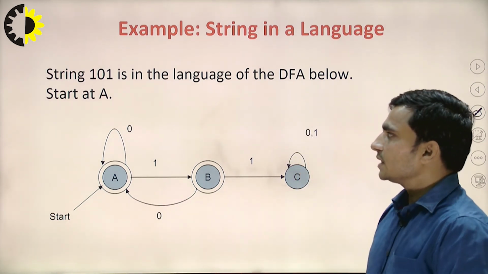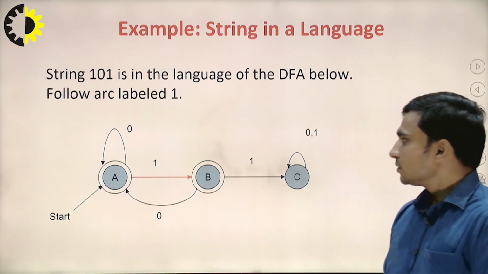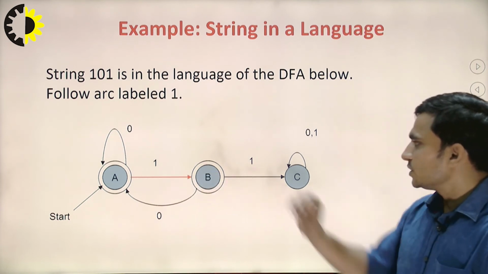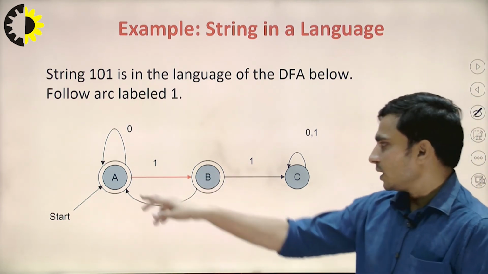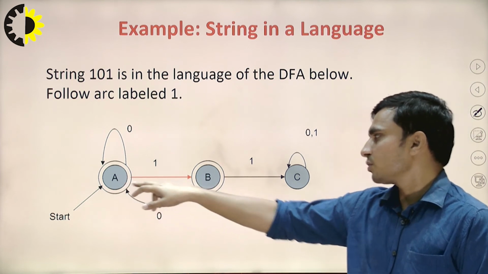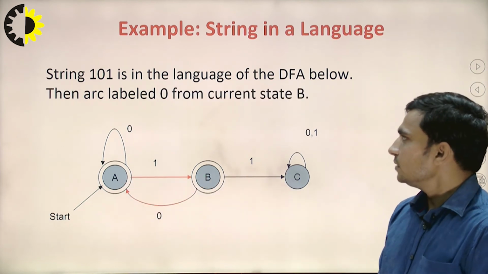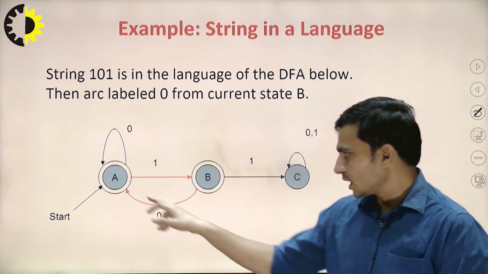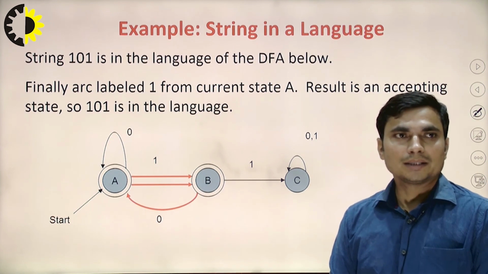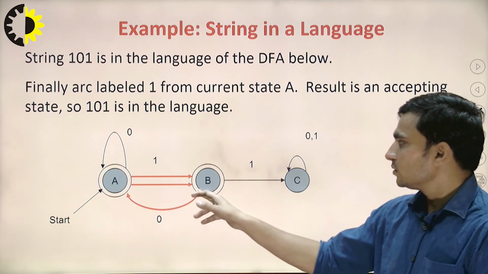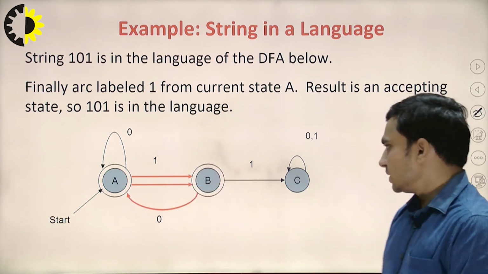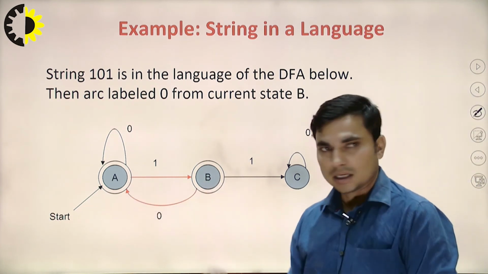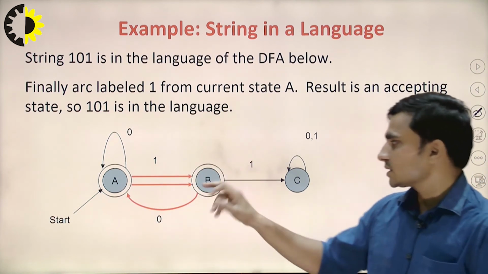We start at A, and first we read the input 1, so we follow the arc labeled 1. By following this arc, we reach from state A to B. Then we follow the arc from B for input 0, the arc labeled 0, and then we follow the arc labeled 1 from the current state A. In the previous transition, the current state was B and the next state was A, and in this transition the current state is A and the next state is B.